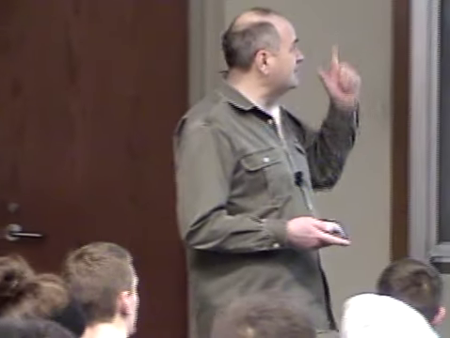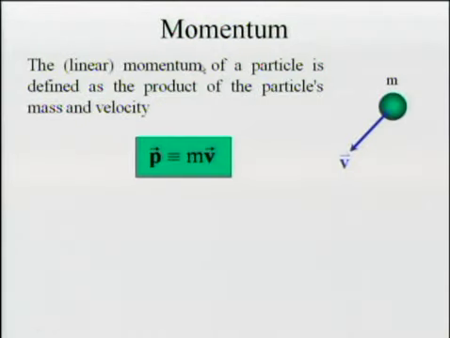Now I want to formalize what impulse is and what momentum is. Let's start with momentum. Momentum is a quantity which describes how an object moves. By definition, if I consider just a particle, then momentum is equal to the product of the mass of the particle and the velocity of the particle.